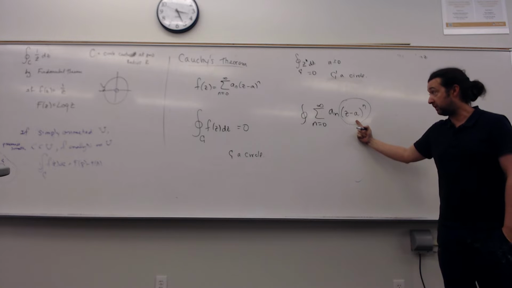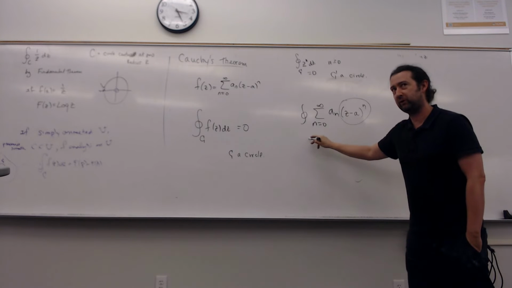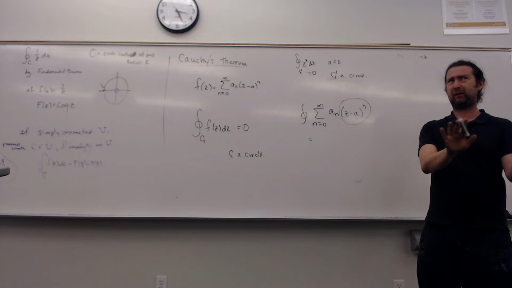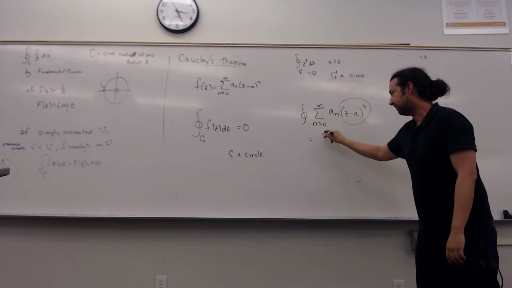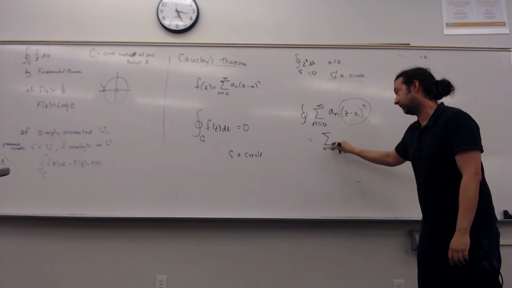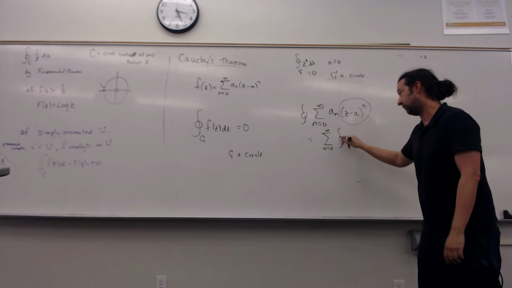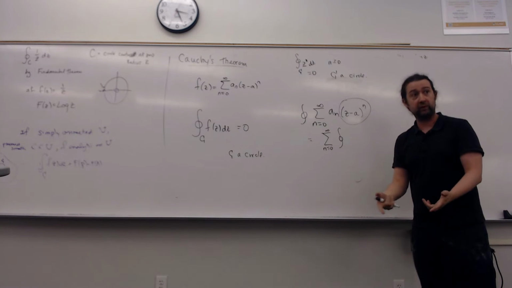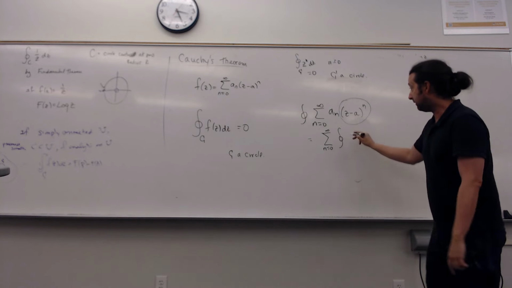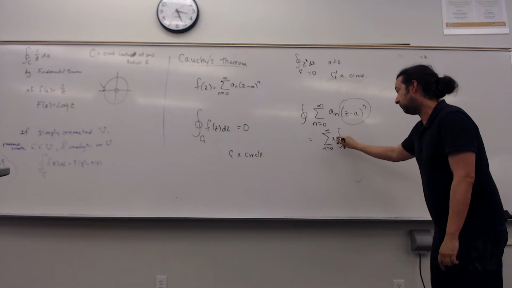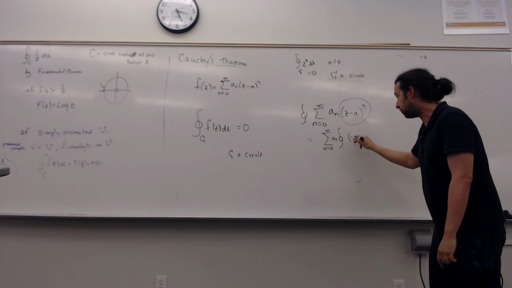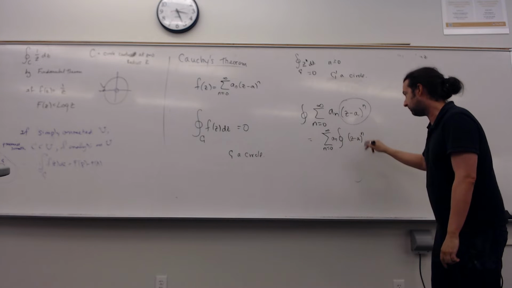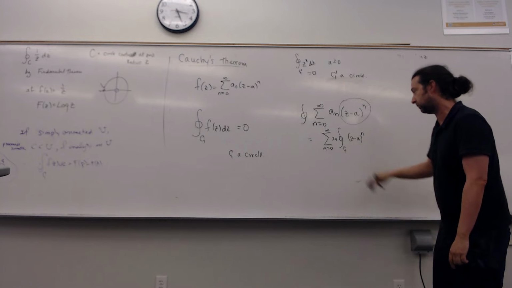So when we're integrating z to the n, here's the first intuitive move that's not really allowed, but we're going to do it anyway. Because this is an intuitive argument, right? In intuitive arguments, you're allowed to say, if it was true that I could swap the integral and the sum, then you would have this. The a_n would pop out, and I would have individual integrals that look like (z minus a) to the n over those circles.